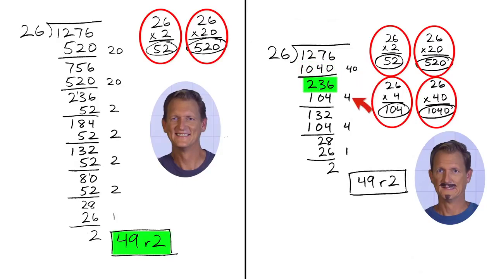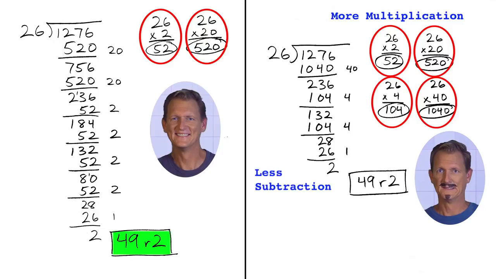And knowing that 4 times 26 equals 104 let him get the remainder down to 28 in just 2 additional steps. So, a little extra multiplication work at the beginning ended up saving him a lot of subtraction along the way. That also meant he had fewer partial answers to add up to get the final answer. But even though they took different paths, both students did a great job using the partial quotients method since they each got the correct answer.